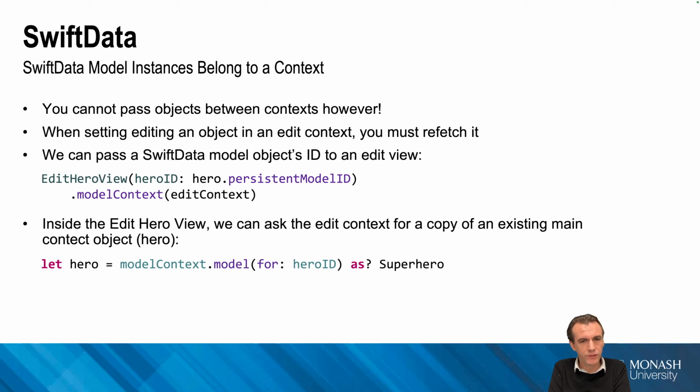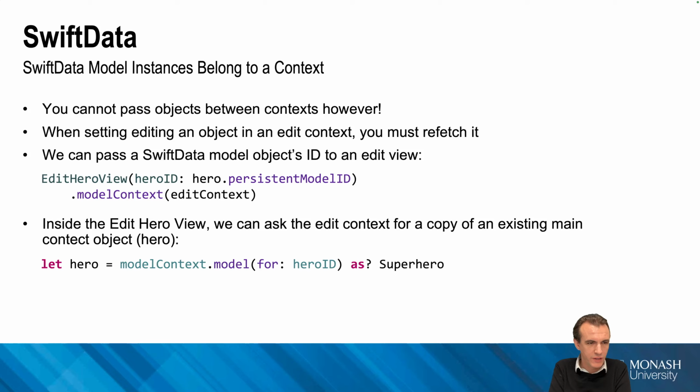And how we do this is every SwiftData object has a persistent model ID. So we can imagine that if we wanted to have a list of heroes that we'd fetched from SwiftData, and we tapped on one of them to edit it, we could get that hero's persistent model ID.